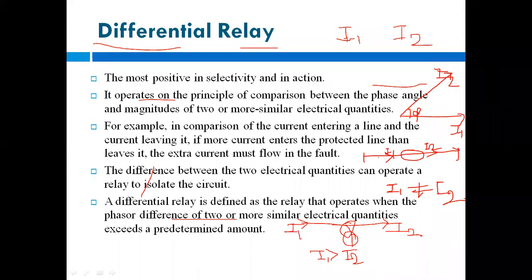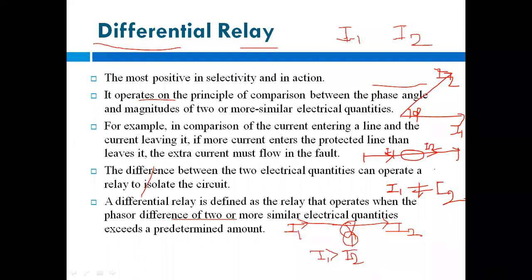When the current entering the equipment and leaving the equipment is the same, it means there is no fault. But if that current is different, means if there is a difference between the two quantities, then this relay will operate.